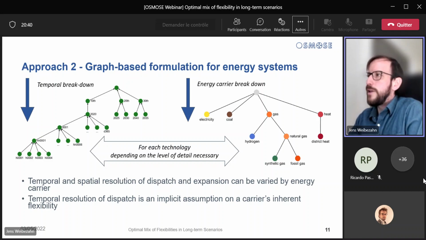Just as an example here, you can obviously pick different time resolutions as you need. So this means that we can make the problem simpler, while at the same time capturing this inherent flexibility in the different system types already within the model.